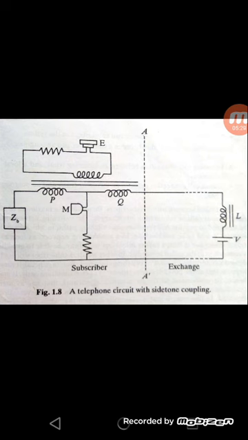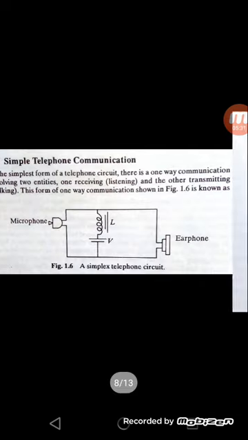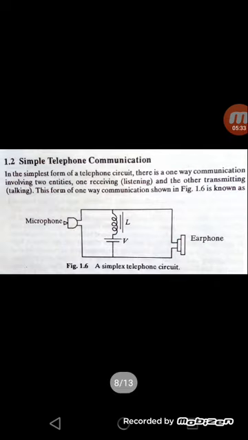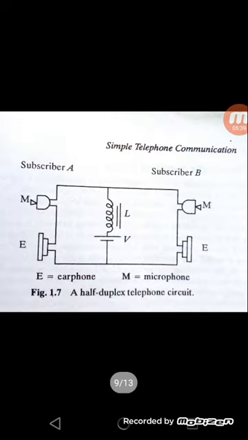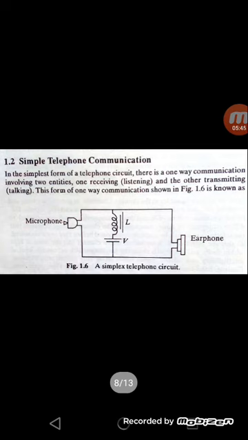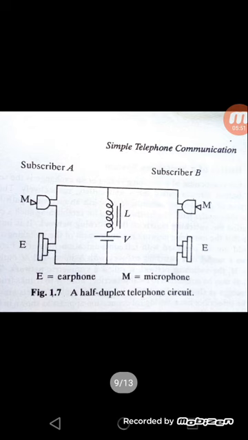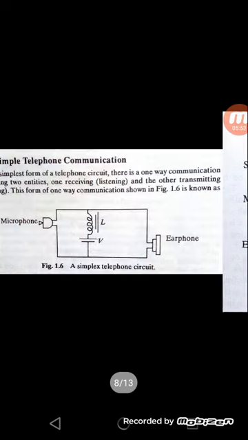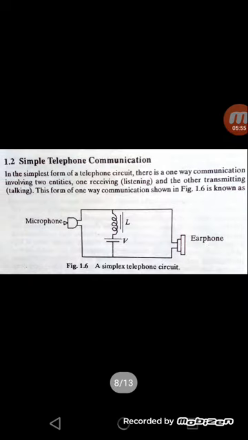The common operation of simplex telephone circuit, half duplex circuit or full duplex circuit, the internal operation of all these circuits is the same. Now we are discussing all three telephone operations.